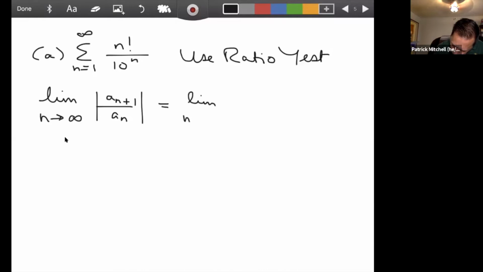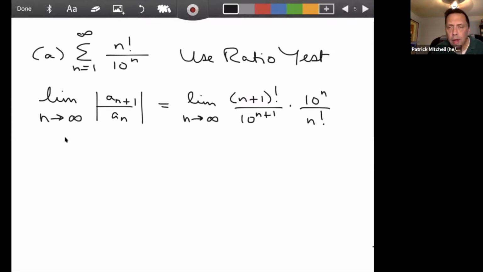It's equal to the limit as n increases without bound of a sub n plus 1, which is n plus 1 factorial over 10 to the n plus 1, divided by a sub n, so I will multiply by the reciprocal of a sub n. Okay, so 10 to the n over 10 to the n plus 1, we can just cross those out and leave a 10 on the bottom.